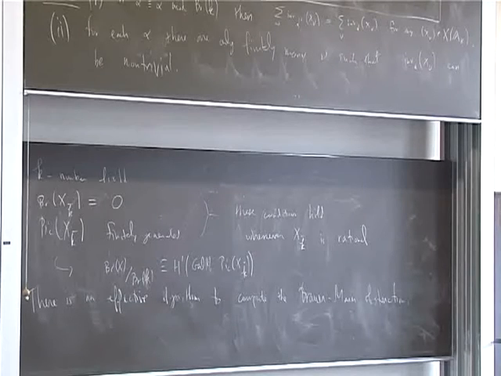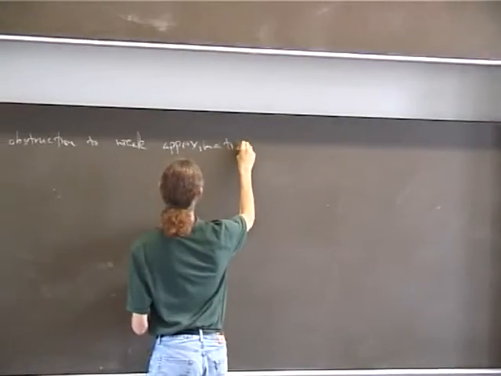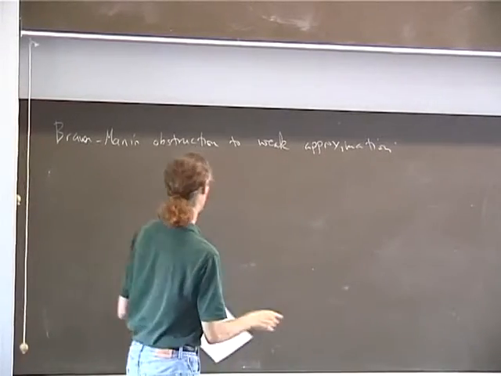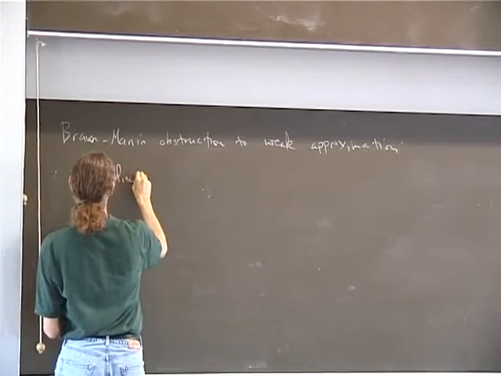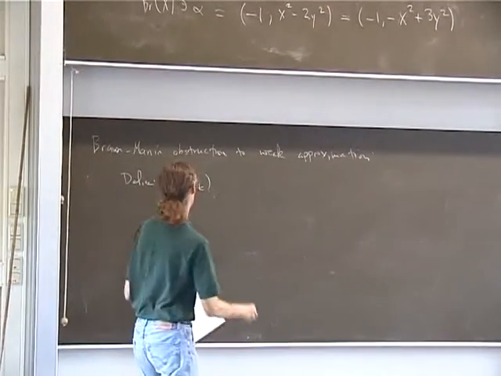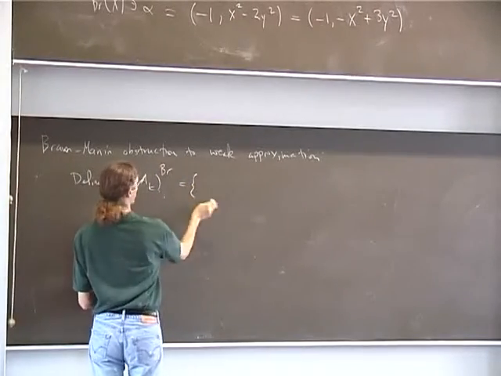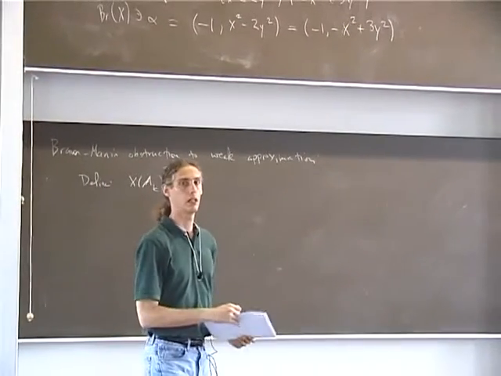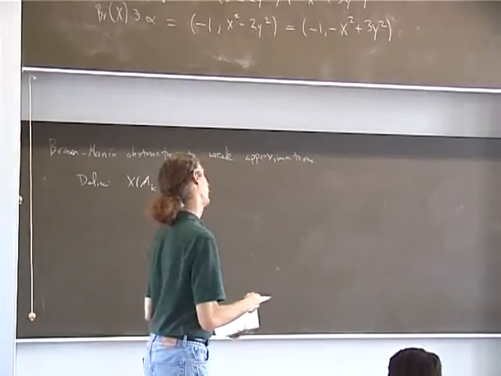Okay, there is also a Brauer-Manin obstruction to weak approximation. So there's a statement called weak approximation, and I'll state as follows. So we know what adelic points are, and then you define X(A_K)^Br to be the set of adelic points that are not obstructed by any element of the Brauer group.